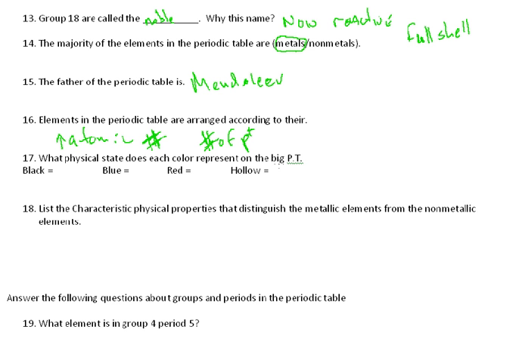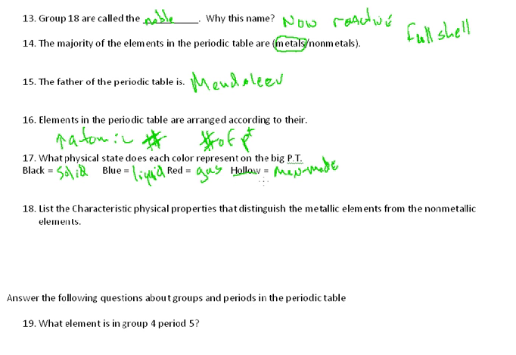What physical state does each color on the big periodic table up in the front of the class represent? Well, the blacks are solid, the blues are liquids, and the reds are gas. And the hollow ones, the outlines, these guys are our man-made or synthetic elements.